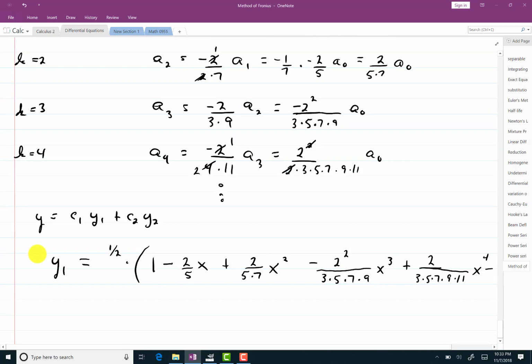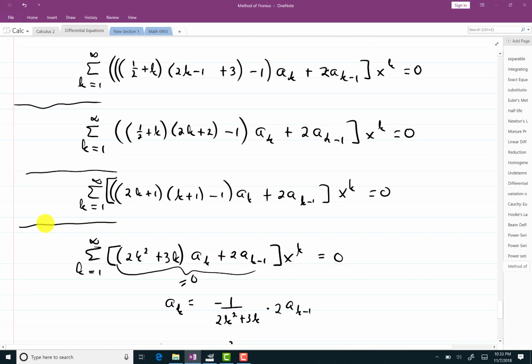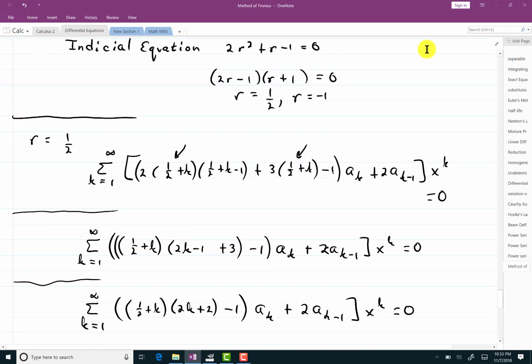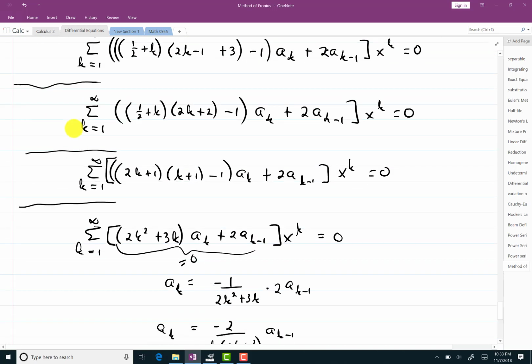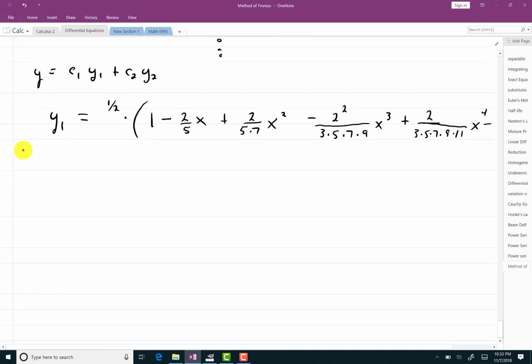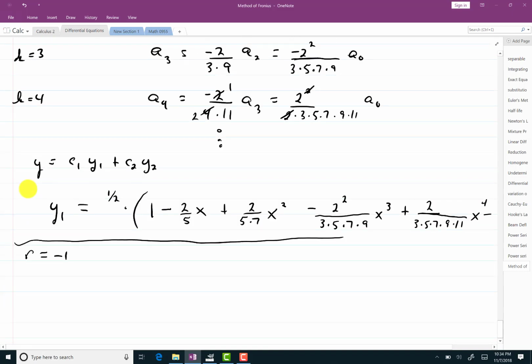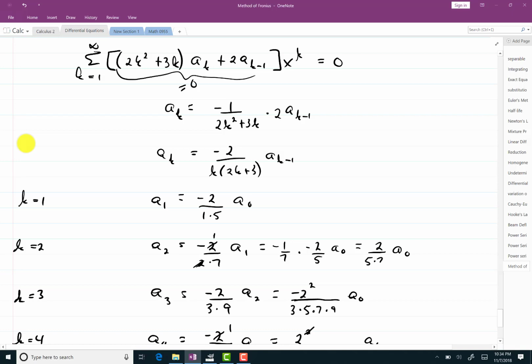Go back and let's find what the other value for r was in the initial equation. R equals 1/2, r equals negative 1. Let me go back and find the expression that has r's in it so that I can figure out a way of getting these coefficients.